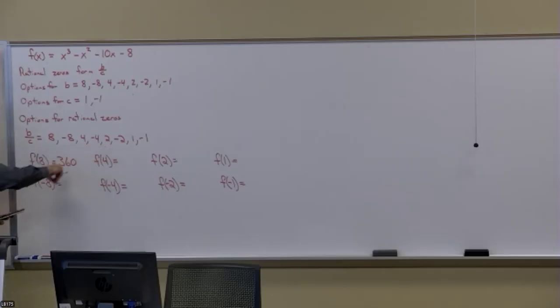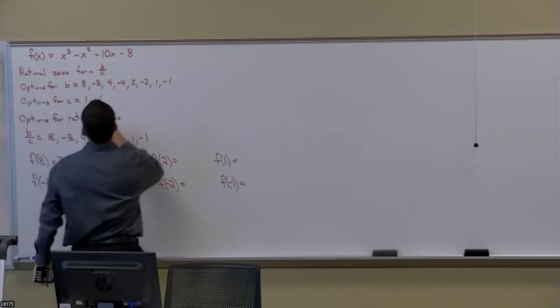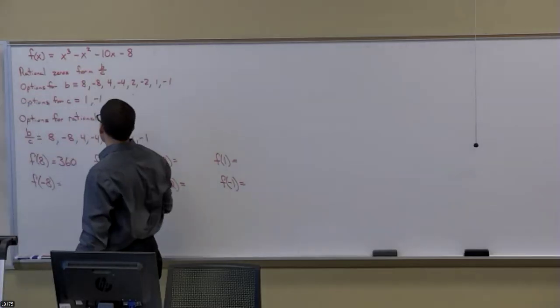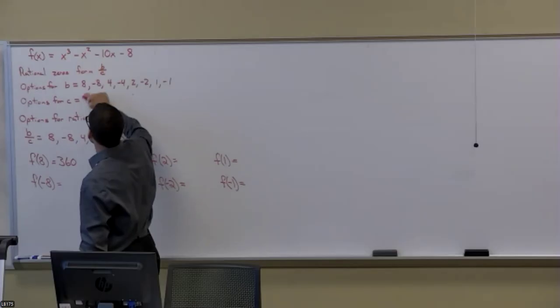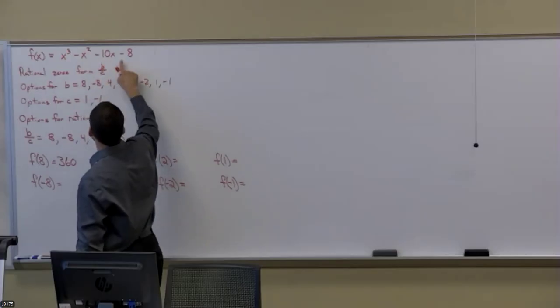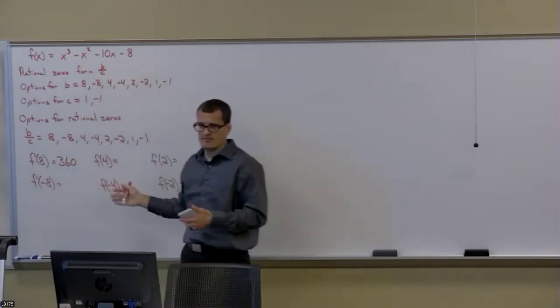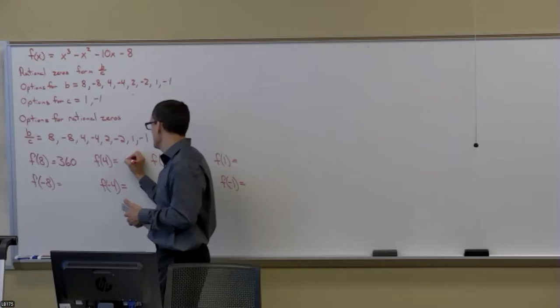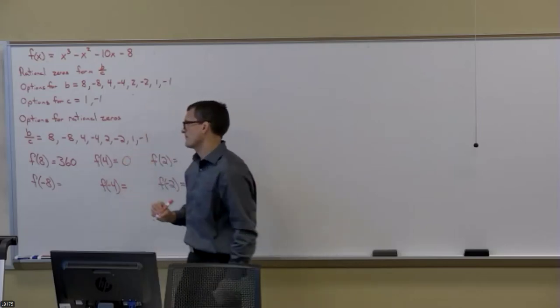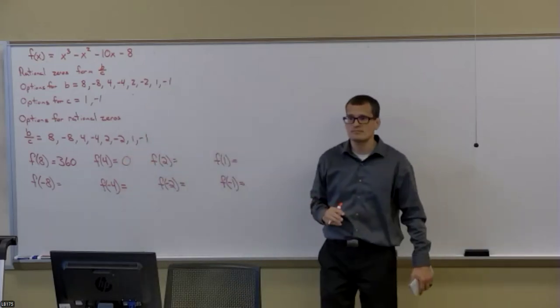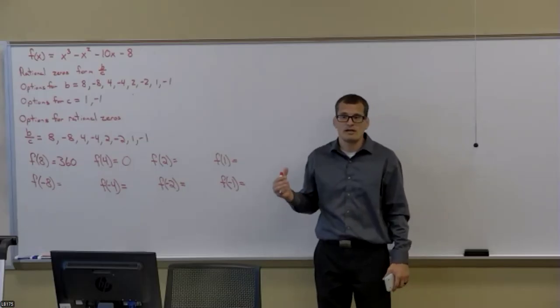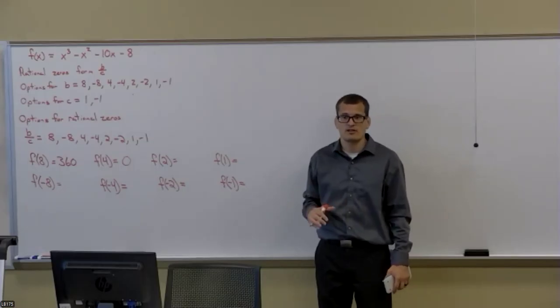You can do this in whatever pattern you want. But 4 raised to the 3rd power minus 4 squared minus 10 times 4 minus 8. I have that in my calculator. That does give me a 0. So 4 is a 0 of this function.